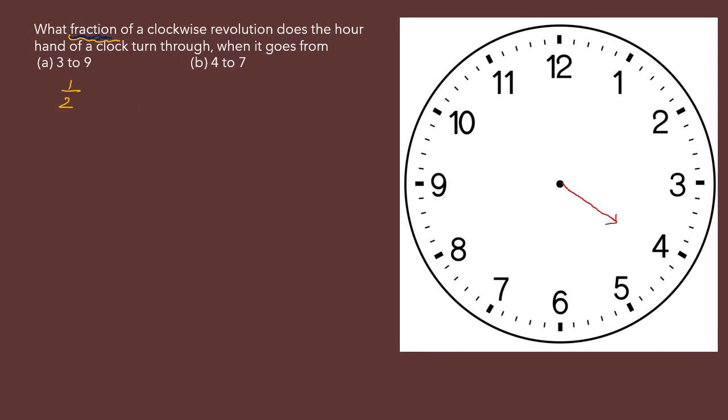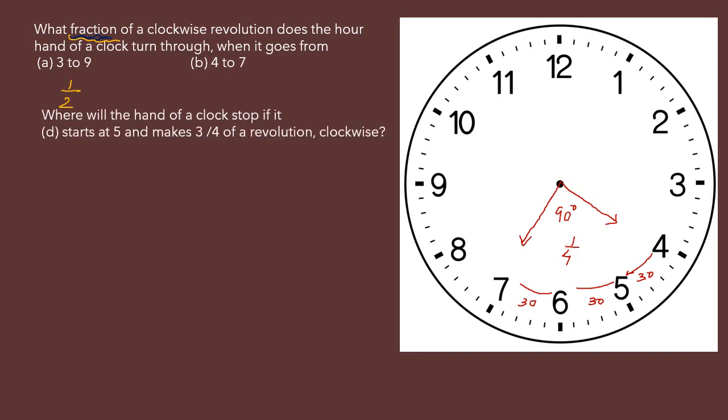How many angles, you tell me? 4 to 5, this is 30. 5 to 6, this is again 30. 6 to 7, this is again 30. So what is this angle? This angle becomes 90 degree. So 4 to 7 is 90 degree. 90 degree means what is a fraction? 90 degree means fraction is 1/4. So 4 to 7, the fraction we get is 1/4.